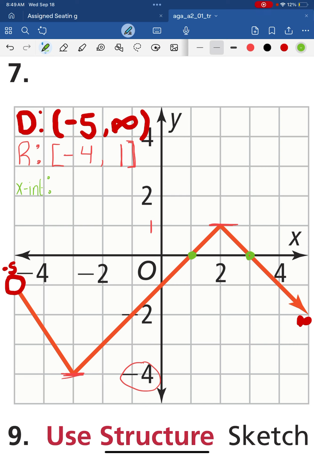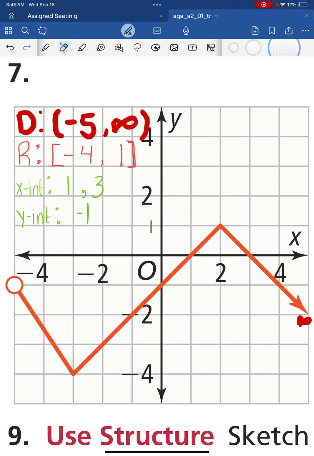So my x-intercepts are 1 and 3. Do I have any y-intercepts? I have one y-intercept at -1. Okay.